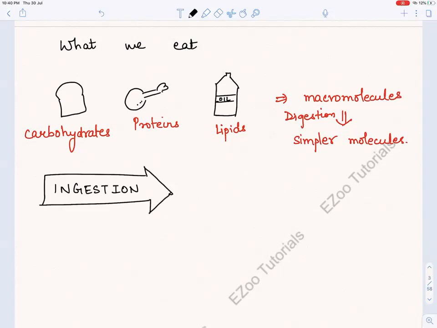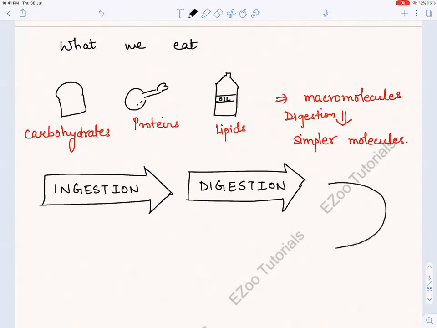Just think, the food is going and then there is digestion, right? Digestion starts in the mouth itself with the enzymes secreted by the saliva. Then digestion is done. Now what will happen? Think, I'm not writing, I'm just drawing.